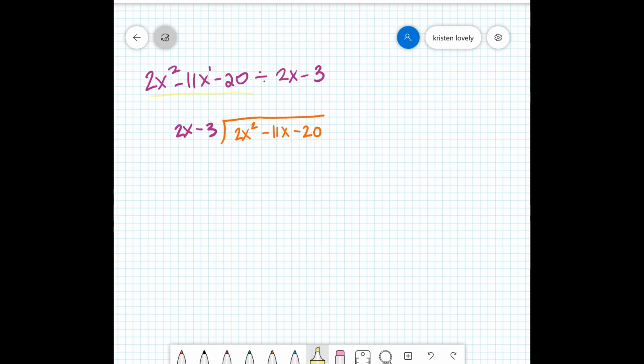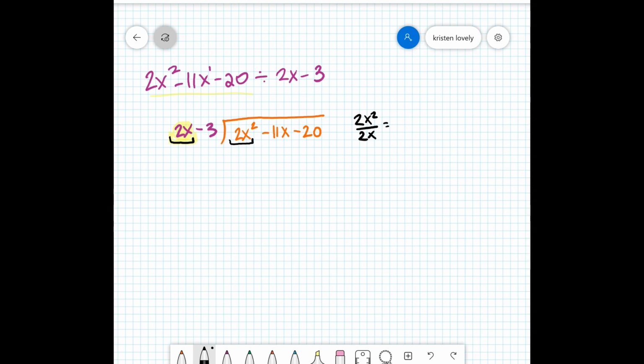One thing that I like to do is highlight or underline the first term in this binomial. This is the term that I'm going to be using when I'm actually doing my division. The first thing you want to ask is how many times does 2x go into the first term we have here, 2x squared. Off to the side, I can rewrite this as 2x squared divided by 2x.